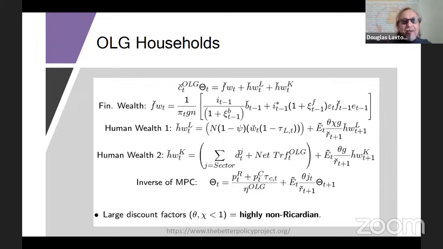So I'd like you to go to the MultiMod website. There's a wonderful MultiMod website where you can see all the equations and everything. And there we think of financial wealth as being the value of the capital stock, okay, and bonds, okay, and then human wealth.